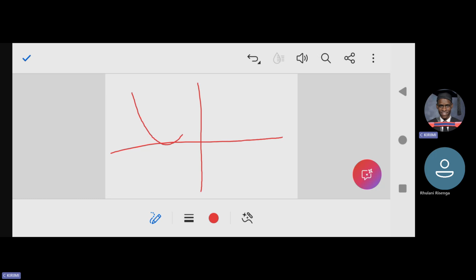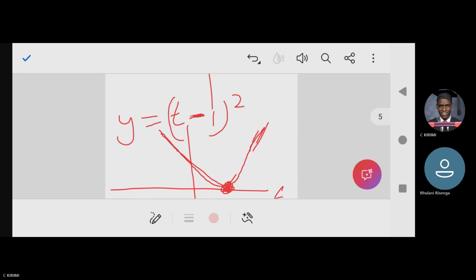If my graph was shifted to the left, cutting at -1, the equation will be y equals t plus 1 squared. But in our case, the time increased, which means it's a shift to the right, so in the quadratic it is -1.